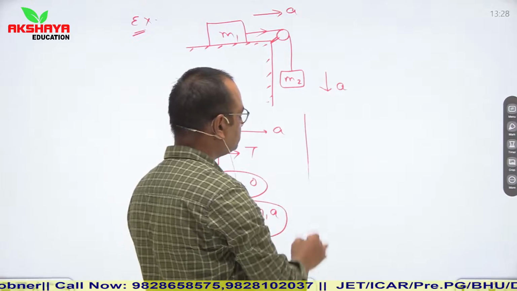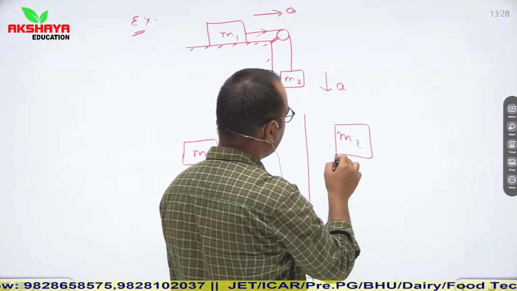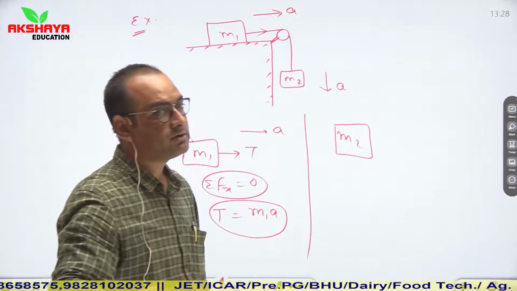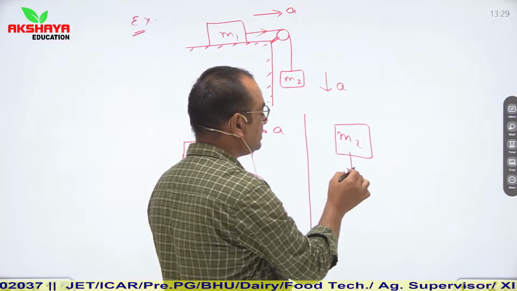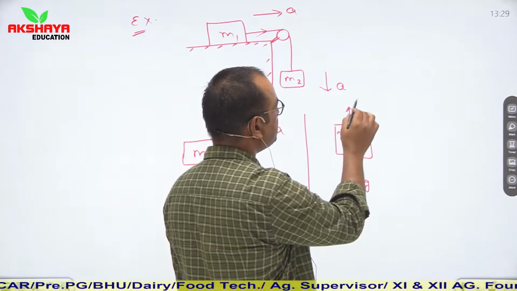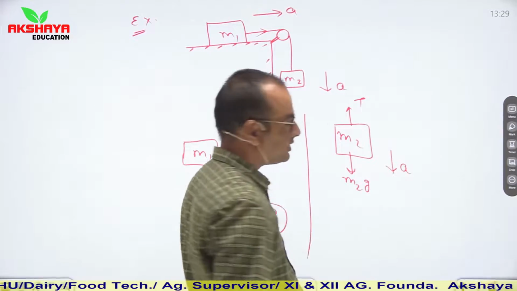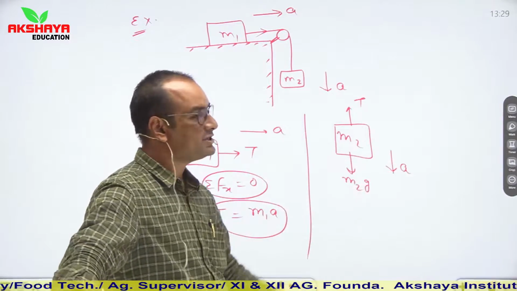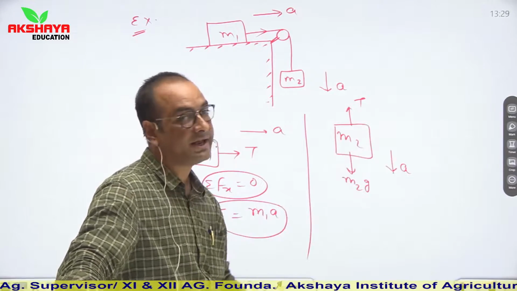Similarly, for M2, this is a block of mass M2. Now see, here force is in y direction, so its weight M2g is downwards and tension T is upwards. Net acceleration is in downward direction. It means force M2g is greater than tension.